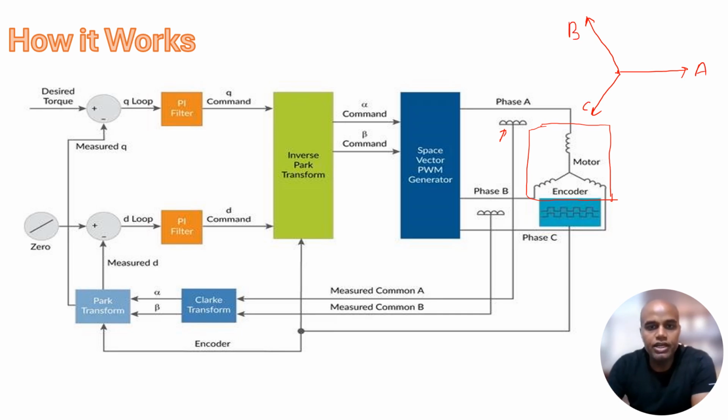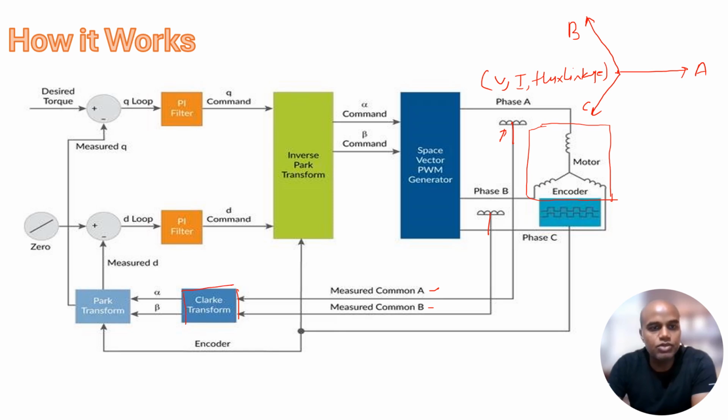Here I have taken the two-phase feedback A and B. And what things can I take from here? I can take the voltage, the current, and the flux linkage also. All these values I'm taking as three-phase quantities. Here the measured A and measured B go through the Clark's transformation.